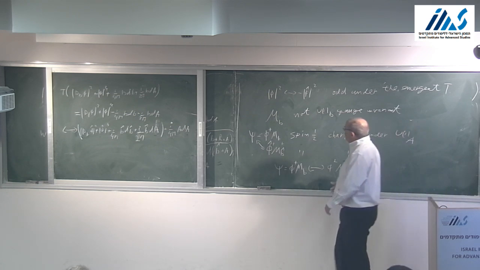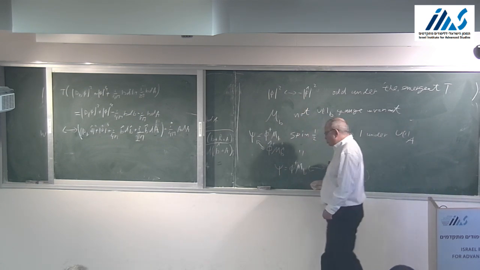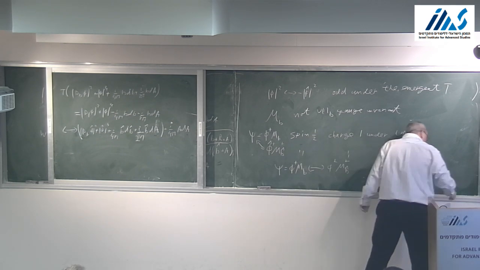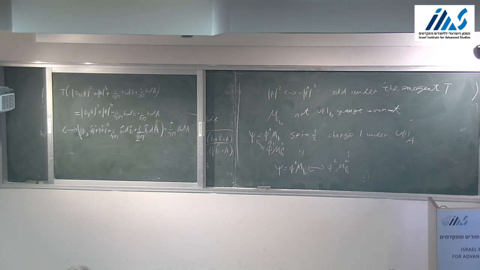Now let's go back to the deformations. An interesting deformation is this mass deformation of the boson. Without loss of generality, I'll analyze it on one side, and then it will be straightforward to analyze the other side.